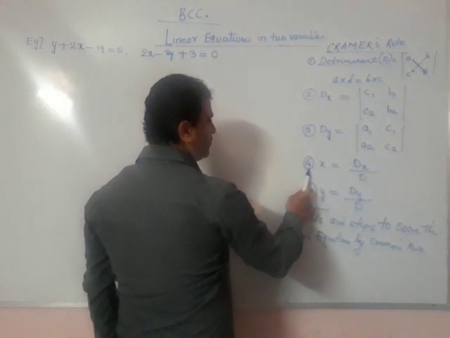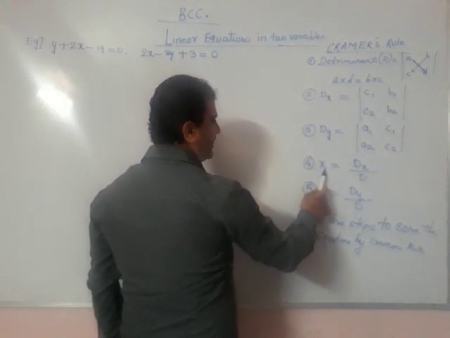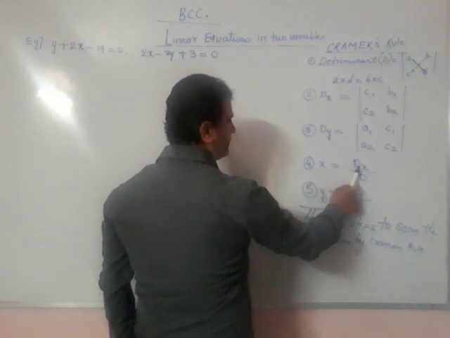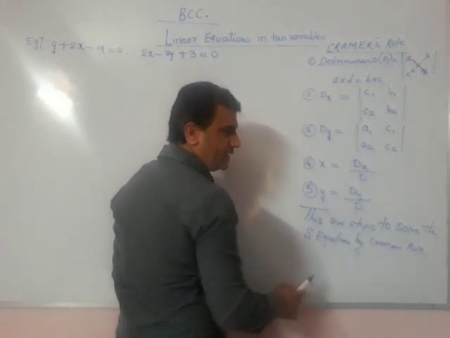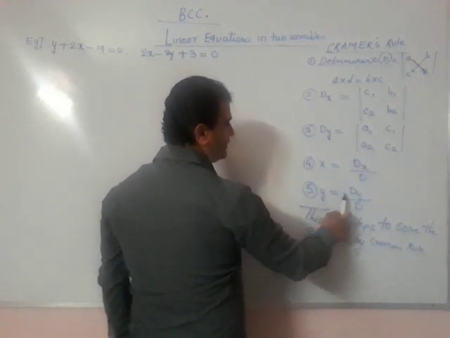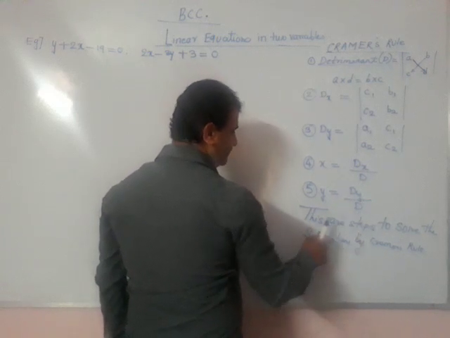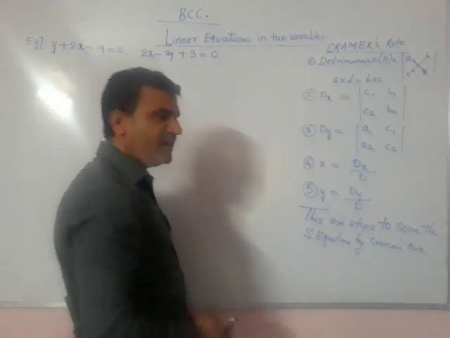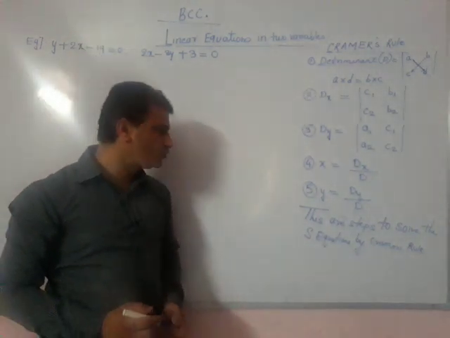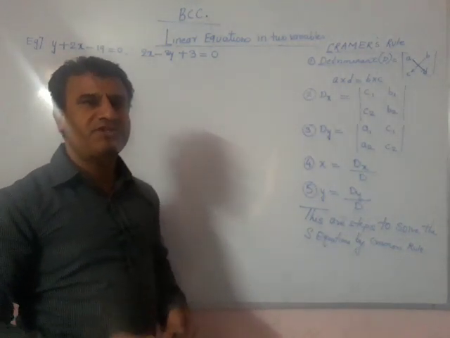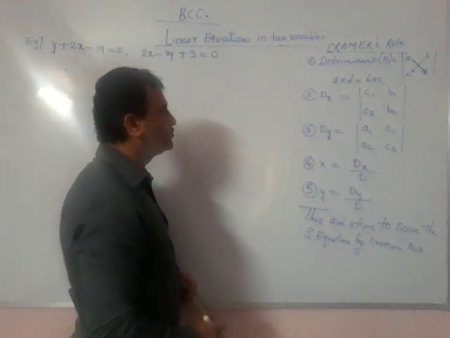Finally, when you have to find x, x is equal to determinant x divided by D. When you have to find y, it is determinant y upon D. These are the 5 important steps to solve simultaneous equations by Cramer's rule.